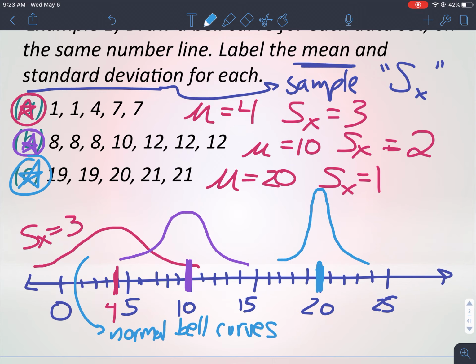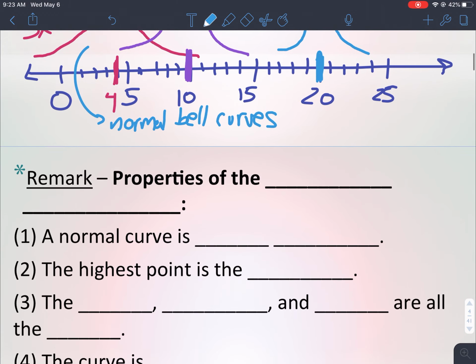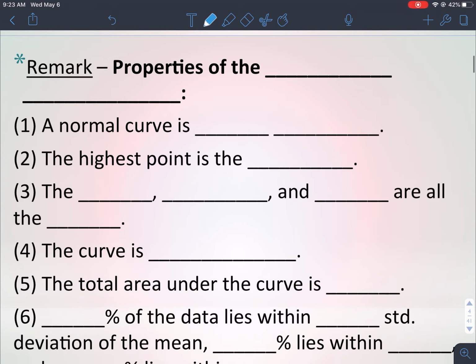If a data set has a bell shape, the example that I'll throw out is height of the class. Here are the properties of a normal distribution, and let's see if it matches up with characteristics about, say, the height in inches of everybody in the class. A normal curve is bell-shaped.